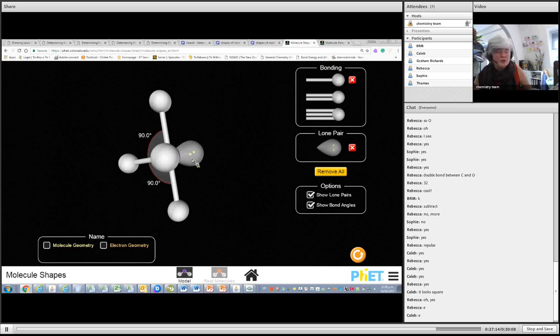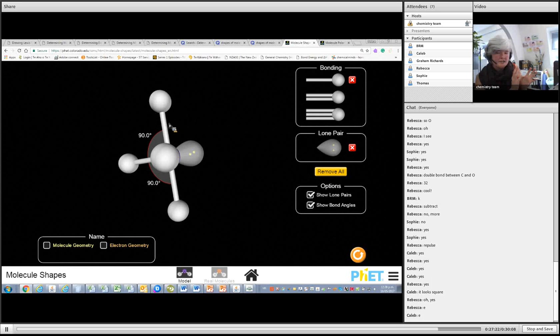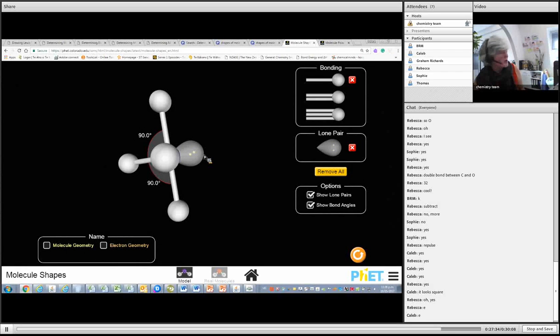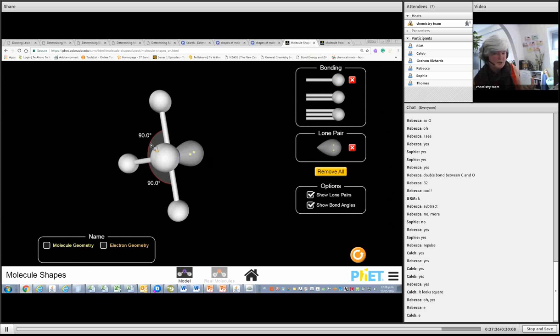The reason being is with a lone pair of electrons, they're only held tightly by one atom, one nucleus, whereas a bonding pair of electrons are held by 2 nuclei, so they're much more limited to where they can go. So a lone pair of electrons can spread out a bit more, and because it spreads out a bit more, it wants room.